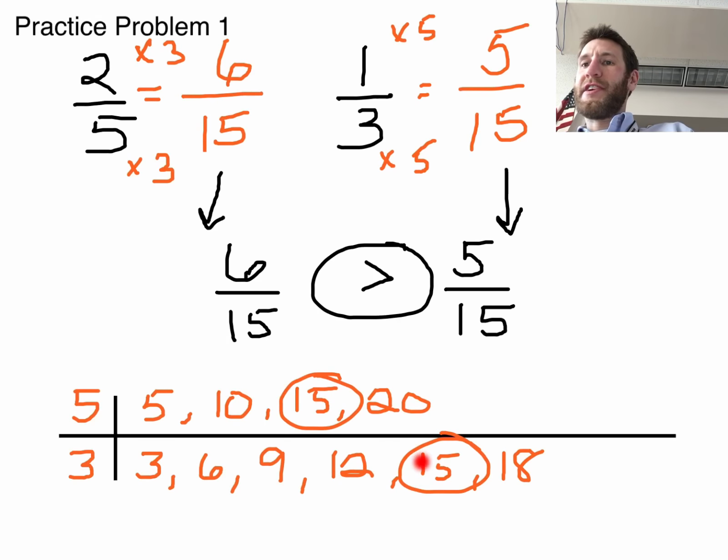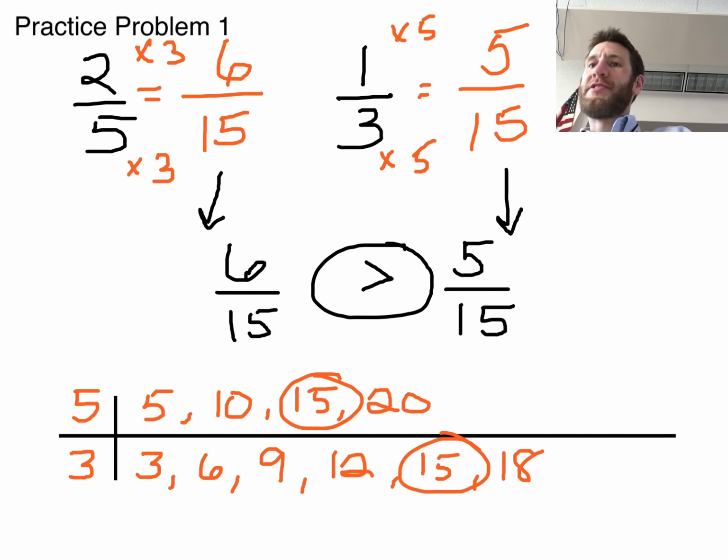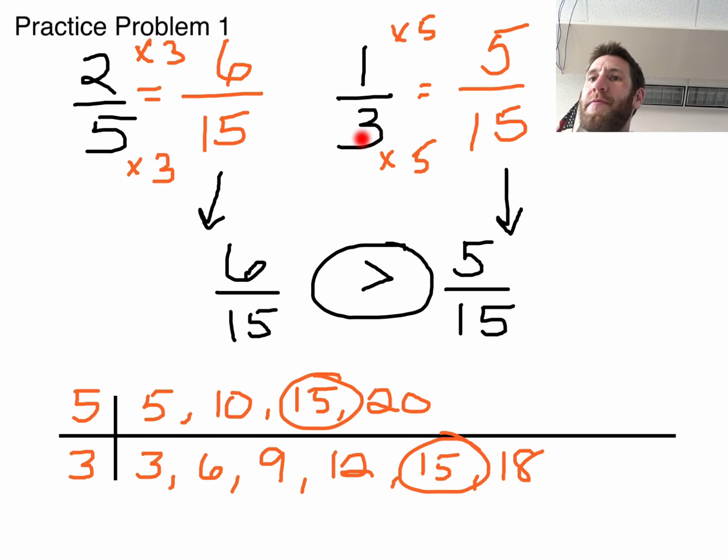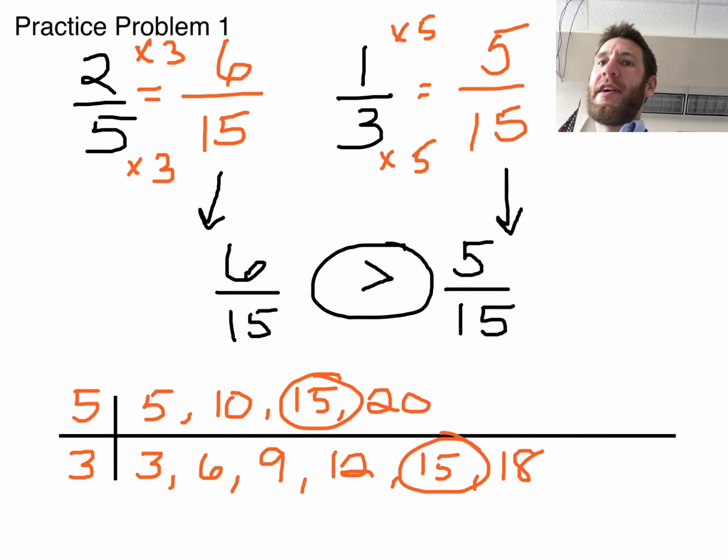And I knew that was 15, and that meant that 15 became my new denominator. So 6/15 is the equivalent fraction I used for 2/5, and 5/15 is the equivalent fraction I used for 1/3. And as you can see from the arrows, 6/15 and 5/15 are now the fractions that I'm comparing, but because they're equivalent fractions, they are the same as what I started with, okay?